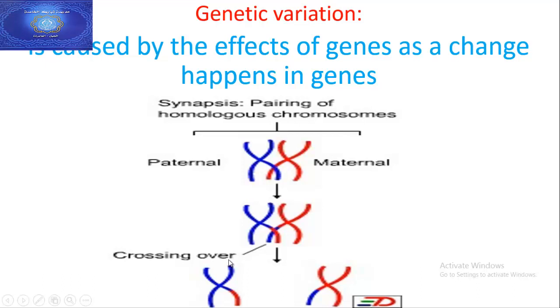That crossing over results in a big variation in chromosomes. So even though you receive your chromosomes from your parents, you will not be identical to your parents, for example. And as we said before, even if you have a twin, they will not be identical to you because of this genetic variation.